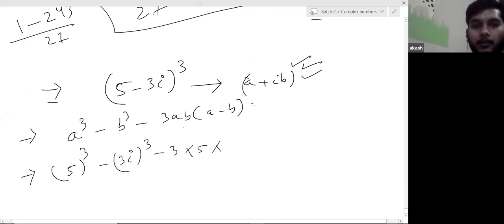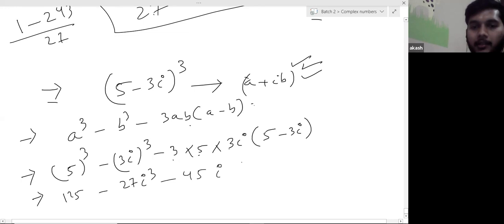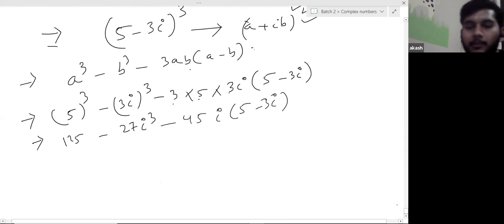Here 5 cube is 125 and here 27i cube. This is 15, and 3 is 45i into (5 minus 3i), right? Till this step, everyone is clear?